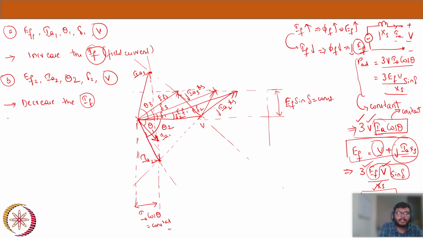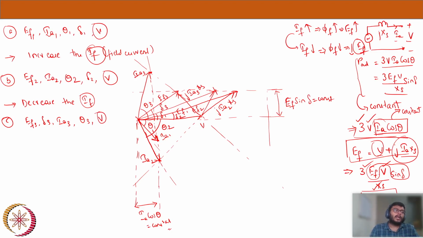Once we decreased, we calculated EF3, then we immediately got delta 3, and then we got the IA3 Xs drop. From there we located IA3, and then we got theta 3, and finally the bus voltage is already a constant.